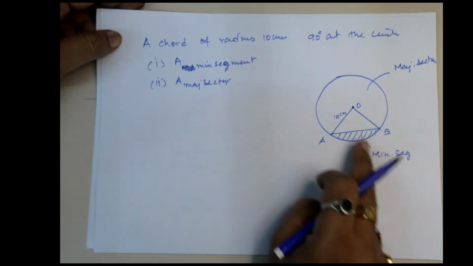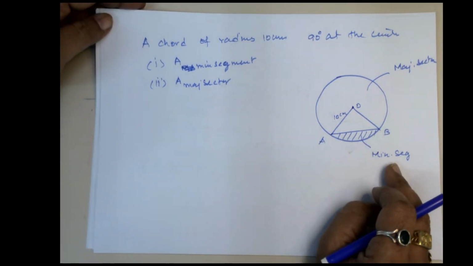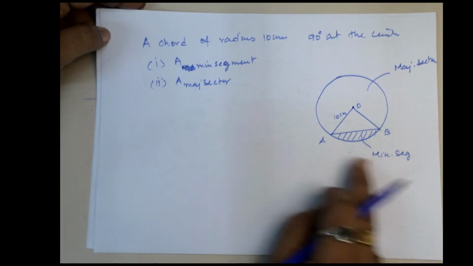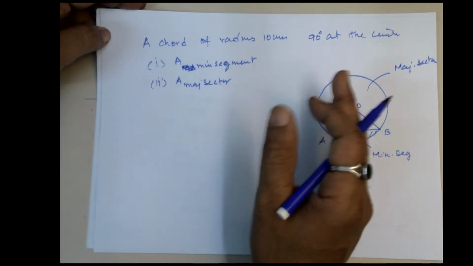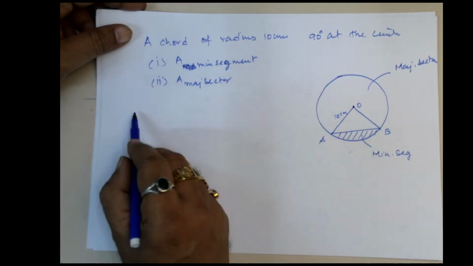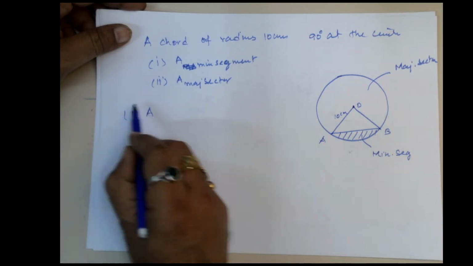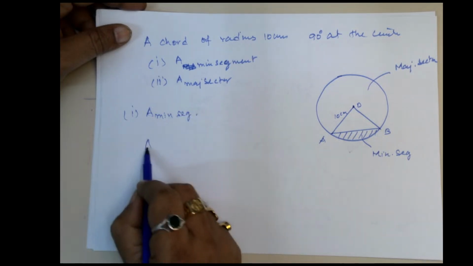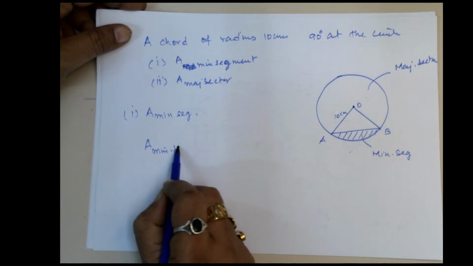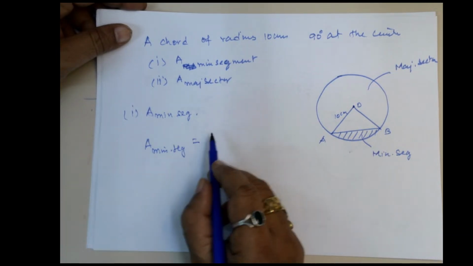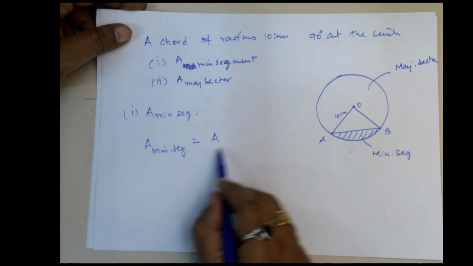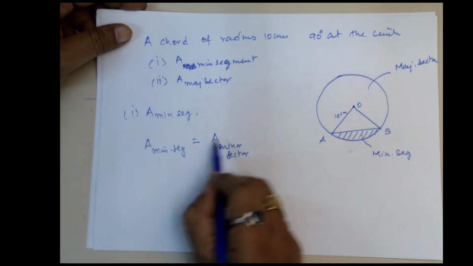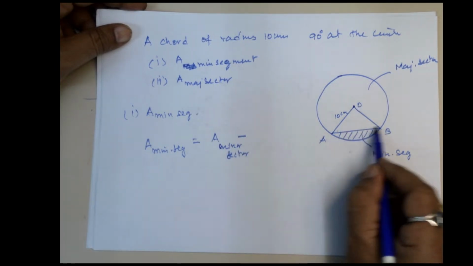You know already about the area of the minor segment. You can easily find out. How to find out? I'll give you some clues. Based on that, you have to work out. Let me proceed with the first one. You have to find out the area of minor segment. So area of minor segment is equal to the area of the minor sector minus the area of triangle.